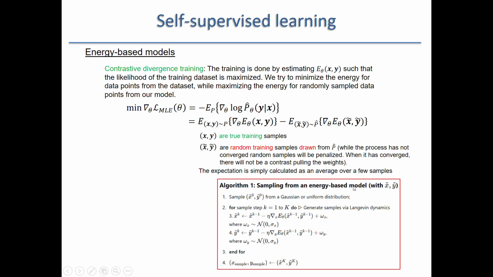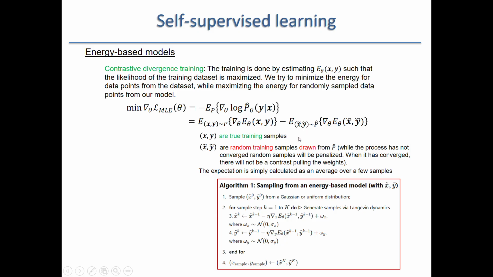Okay, so let's study the normal ones without the latent space. These energy-based models try to learn following this contrastive divergence training. We will have two kinds of sets, or two kinds of pairs. We will have the x, y pairs coming from our training data, and we will have these x tilde, y tilde pairs coming from a simulated probability distribution.